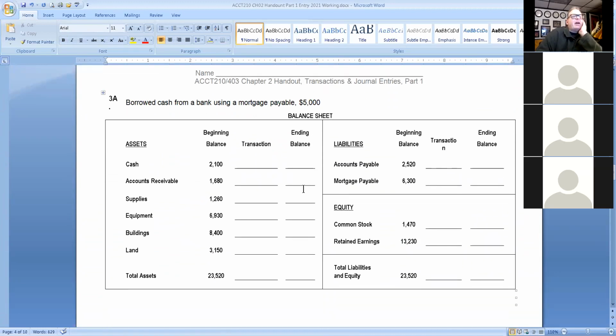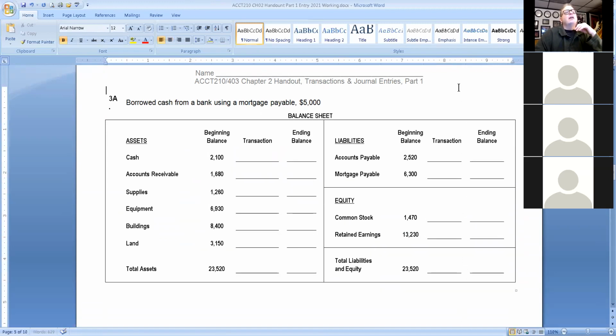Borrowed cash in the bank. A mortgage payable for $5,000. This is bothering me, this one. I don't know why that is like that. Check the spacing on these. All right.